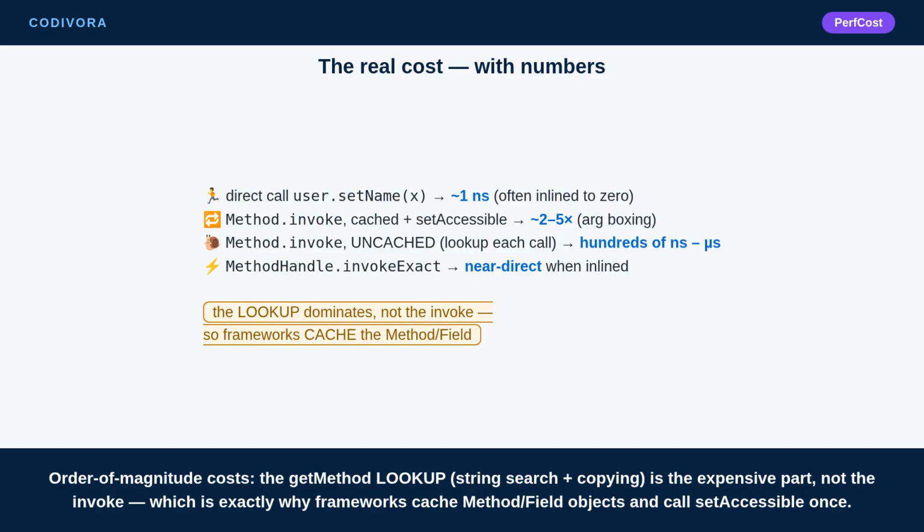But an uncached invoke, where you look the method up every call, costs hundreds of nanoseconds to microseconds, because the getMethod lookup, a string search plus security checks plus copying, dominates. And a MethodHandle's invokeExact is near direct when inlined. The headline: the expensive part is the lookup, not the invoke. That's exactly why every serious framework caches its Method and Field objects and calls setAccessible once.